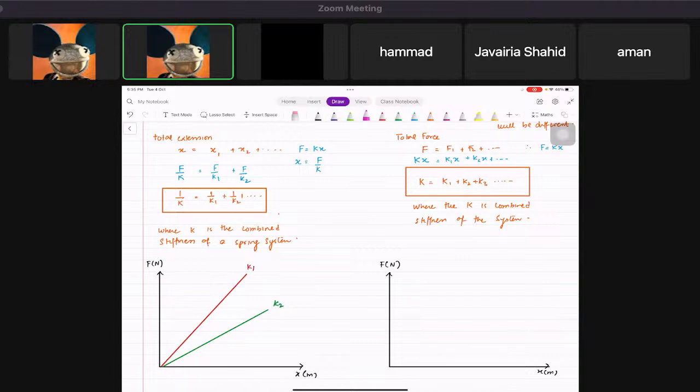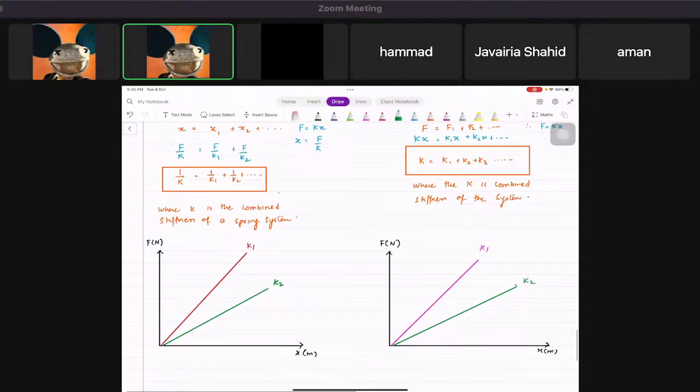Same goes for the other one. K1 is stiffer and K2 is basically less stiff, right?